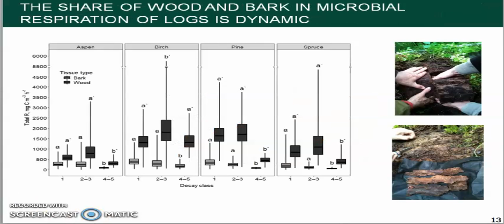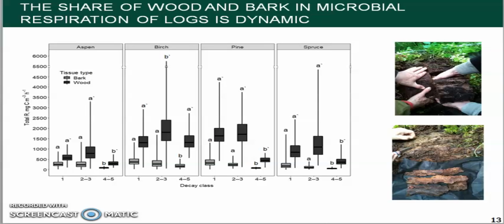We used the component integration method to study the share of bark and wood in the decomposition of down logs. Bark constitutes more than 25% of tree volume for boreal tree species and something like 15% of mass, but its decomposition is quite poorly studied. From the point of view of CO2 flux, first of all, bark represents a physical barrier for CO2 fluxes, and on the other hand, it's breathing itself because it's decomposing.